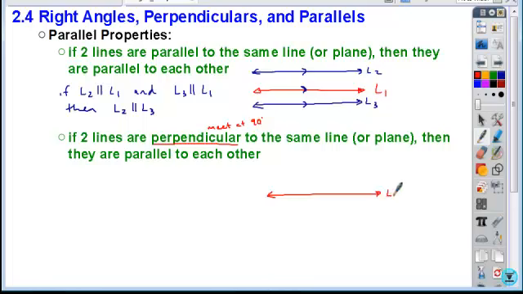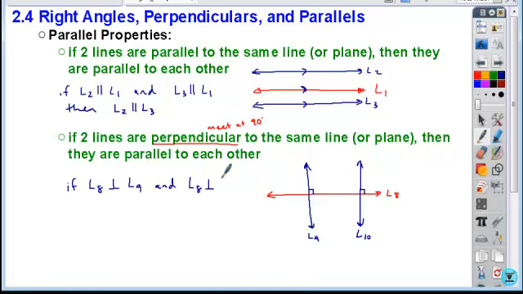If we have one line, I'll call it line 8 here. So if line 8 and line 9 are perpendicular to each other, so if line 8 is perpendicular to line 9, and we take a second line that's perpendicular to the same first line, so let's say we take line 10 here, and it's also perpendicular to line 8.